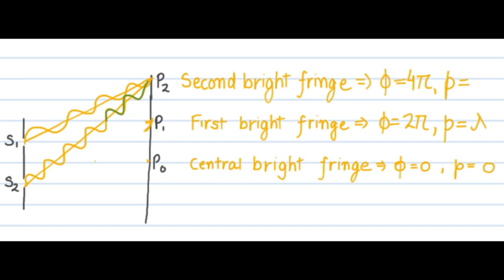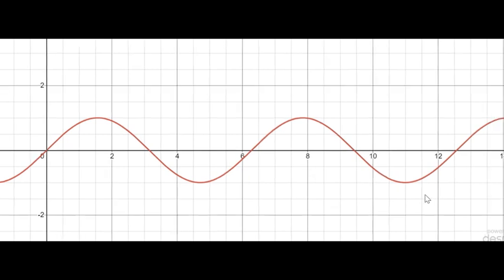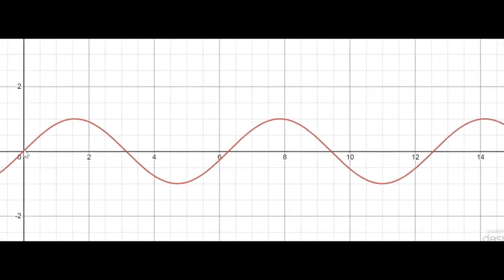So if it's two wavelength, that means one wavelength, two wavelength, and see how much is the phase difference. One wavelength up till this point, from here to here, and then two wavelength up to this point.